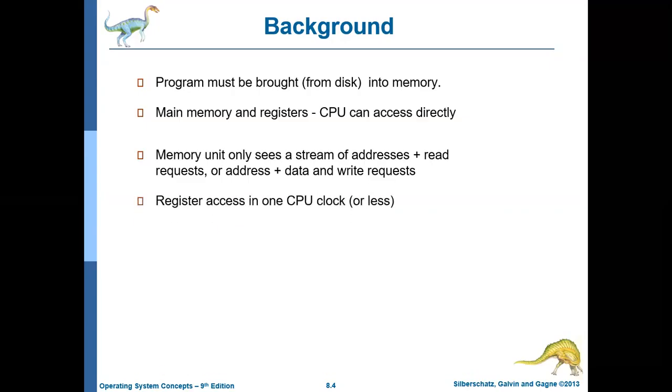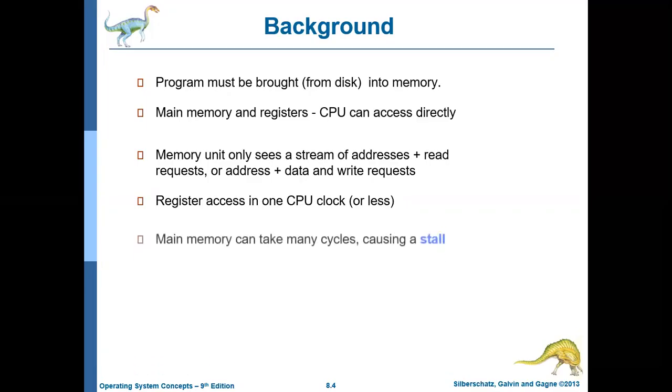If some data is available in the registers, registers are the ones which CPU can access very fast, because registers are present inside the CPU itself. So the CPU can access the register very quickly, in less than one clock cycle.